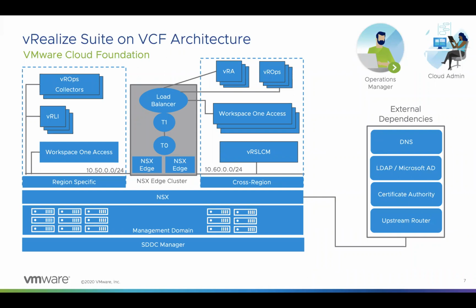Apart from that, NTP is one of the critical components within VCF. We need to have NTP, and it must be reachable from all those components: vRA, vROps, Workspace ONE, and Lifecycle Manager. All those components must talk to your NTP server.